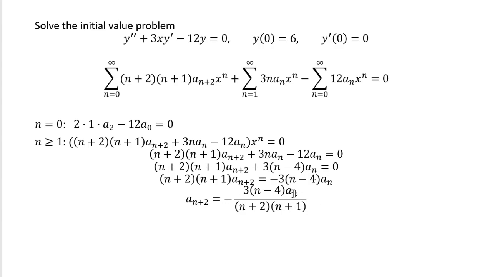What this is saying is that if you know an, then you know the coefficient two steps afterwards. And because of that, this is called a recurrence relation, because knowing something in the beginning, you know the next one. So this recurrence relation holds.